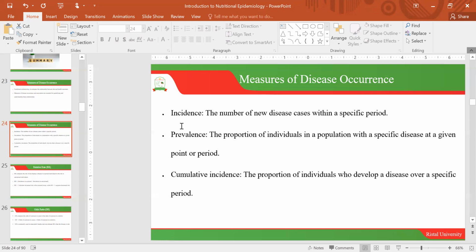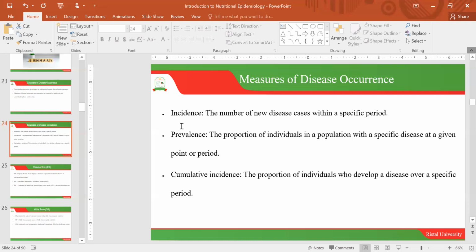So for example, you have 50 individuals, and in those individuals, let us say 5 develop, let us say, malaria. So incidence would therefore be 5 for these people. And then the other concept is prevalence, the number of people who have a given disease in a given population at a given period of time.